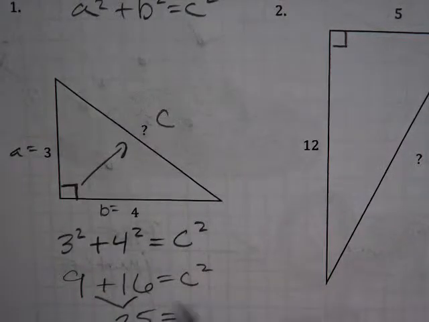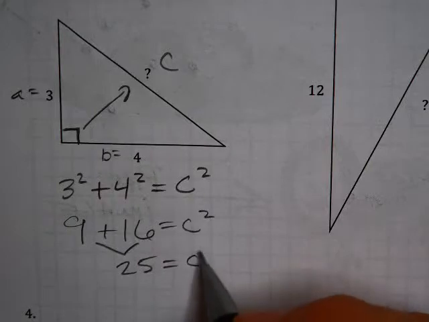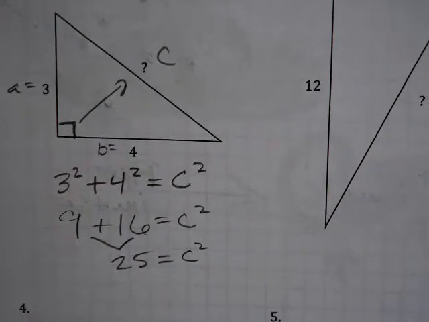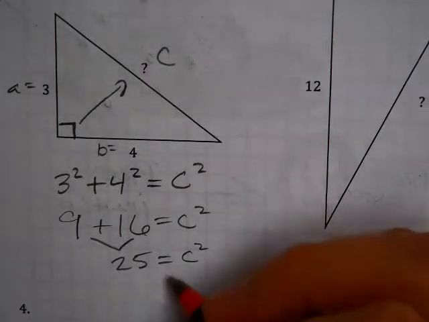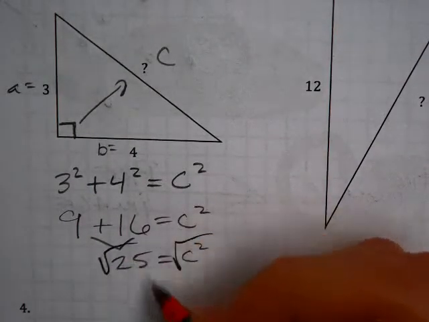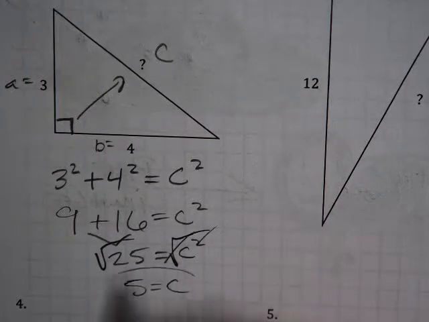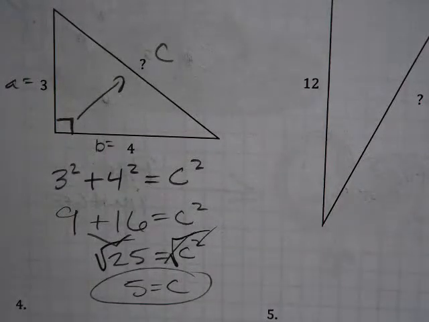25 equals C squared. Now, how do I get rid of a square? You root it. That's right. So we're going to take the square root of both sides. So here the radical cancels the square, and I get 5 equals C. But maybe we already knew that that was 5 because this is a 3, 4, 5.